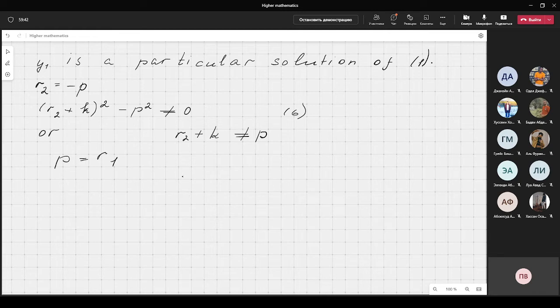Hence, r second plus k is not equal to r first. Thus, condition 6 in this case is equivalent to the following: r first minus r second is not equal to k, where k is a positive even integer.